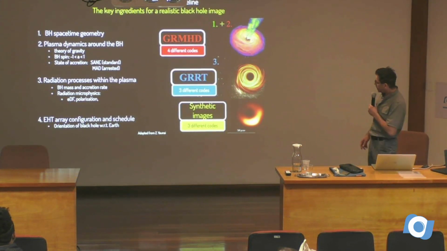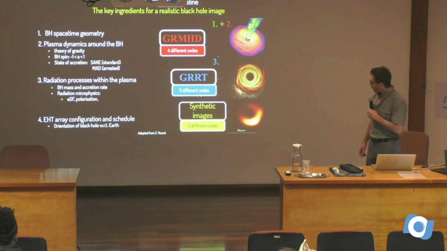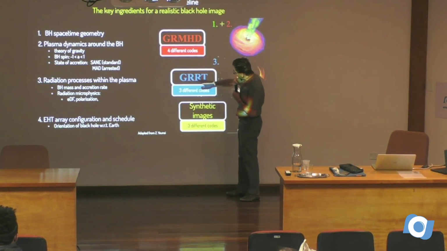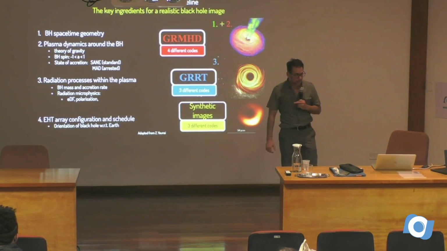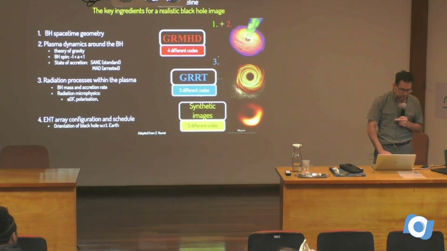We have these ray tracing codes, also in general relativity. So this is general relativistic ray tracing or radiative transfer codes, and also in this case we need an input: the black hole mass, for example, the accretion rate, and we also include some microphysics.